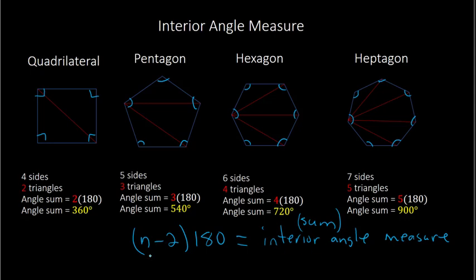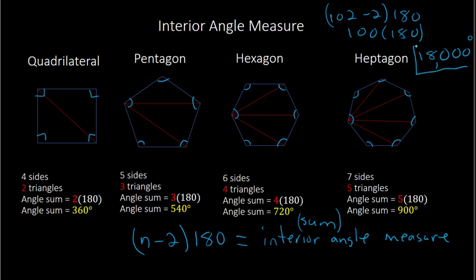Well, I can plug in 102 for the number of sides. So 102 minus 2 times 180. You'd have 100 times 180, which would give me 18, then with 2 zeros at the end, that means the sum of the angle measures would be 18,000 degrees.